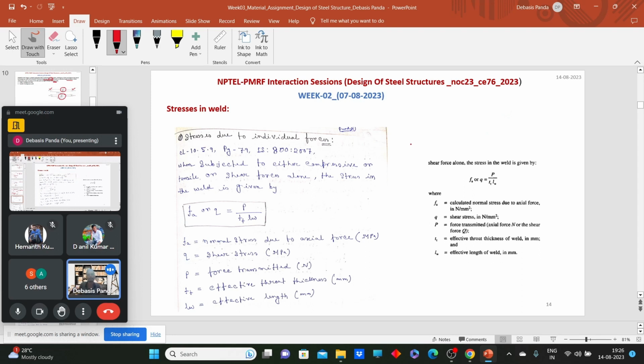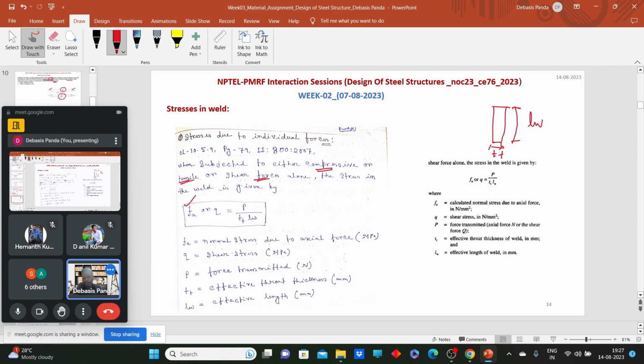So if we have, for example, a weld area, with length Lw and effective throat thickness Tt, or Te, whatever it is, and the direct load may be compressive, tensile, or shear, individual forces will apply. So what will be the stress?